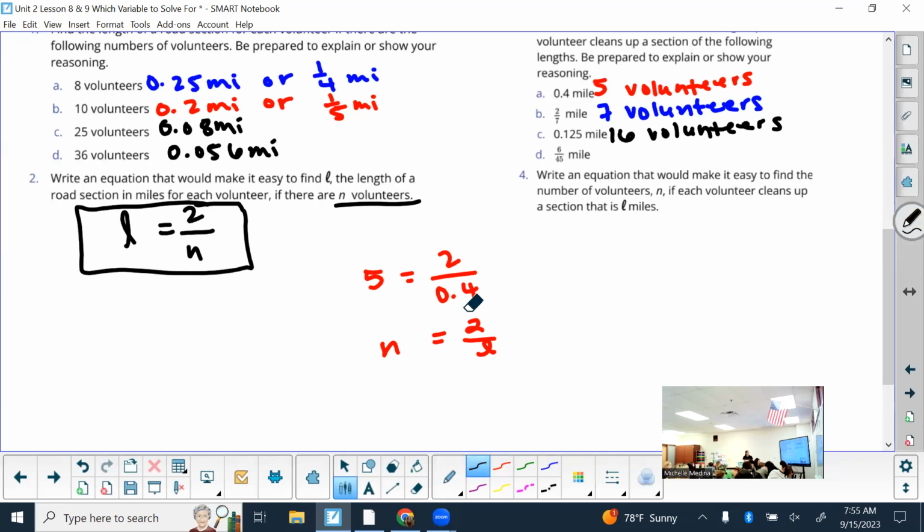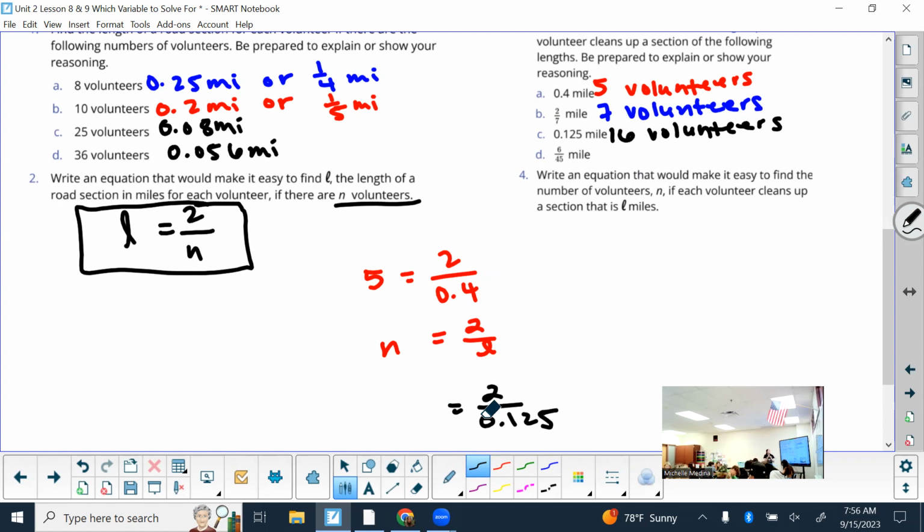All right, so let's see if our equation still works. If I do 2 divided by the length, 0.125, everyone try that in your calculator. I can even do it on my phone calculator, that's what I'm doing. See if it gives you 16, so it's working so far, it's not giving me answers that are weird.